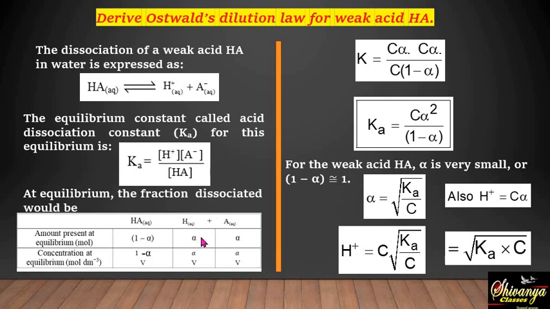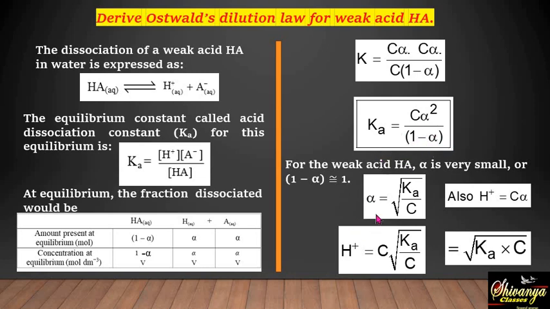Concentration is C multiplied by alpha. So concentration of H+ is equal to C alpha. Concentration of A- is equal to C alpha. Concentration of HA is equal to C(1 minus alpha). By cancelling C with C, Ka remains C alpha square divided by 1 minus alpha.